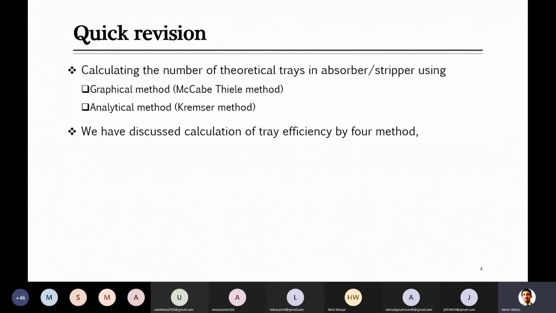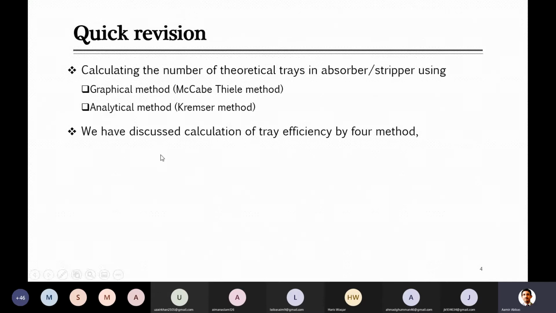But in reality, that's not achieved. It's not possible to achieve 100% thermodynamic equilibrium between vapor and liquid. Due to that, the separation we were expecting on any plate will not be completed, so we have to go for more trays as compared to those calculated by these methods.